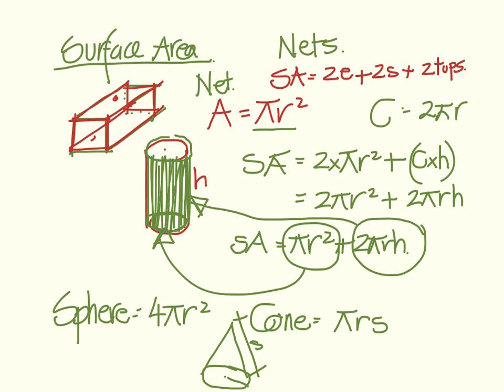Alright, so that will give you just the sides. Okay, and then if you want the surface area of the bottom as well, you will know that you have to add on pi r squared. Okay, very straightforward there. And that is all in your book, and I'm sure it's already on your notes sheet ready for the test.